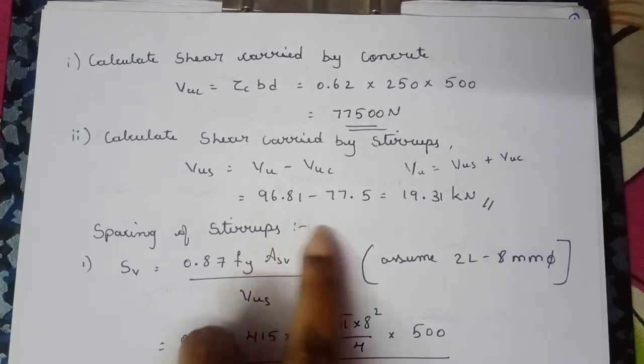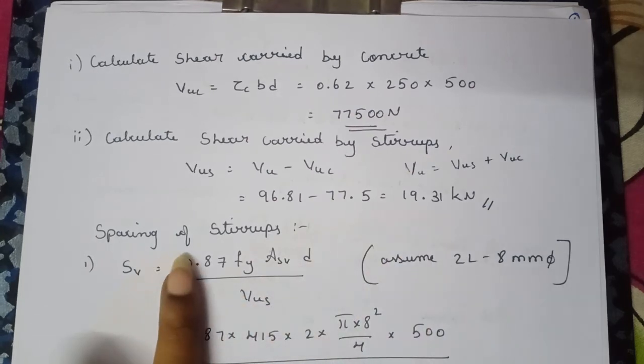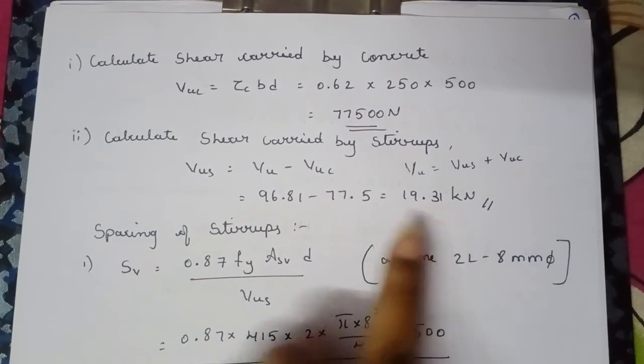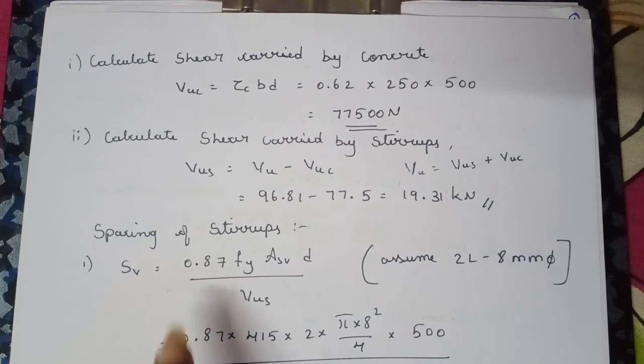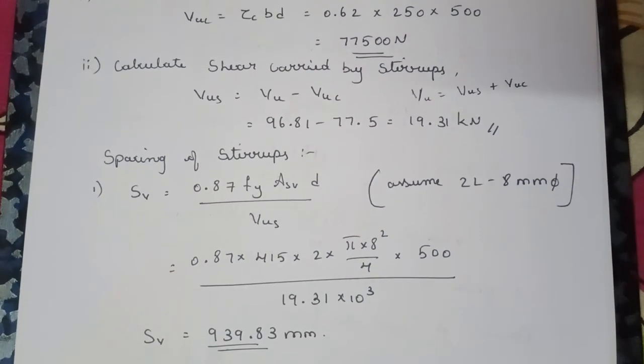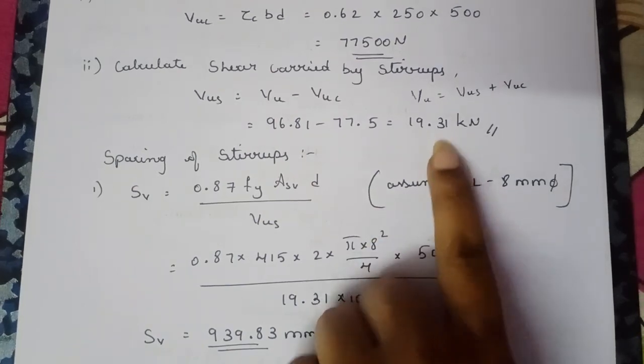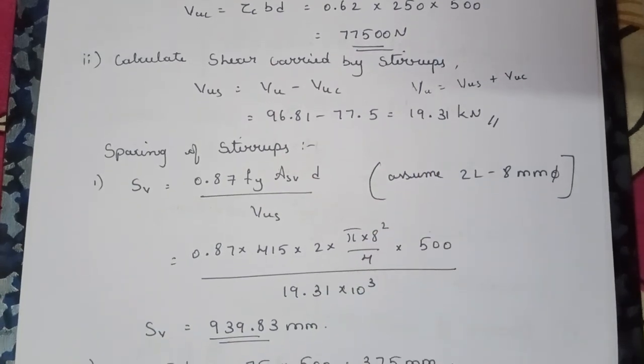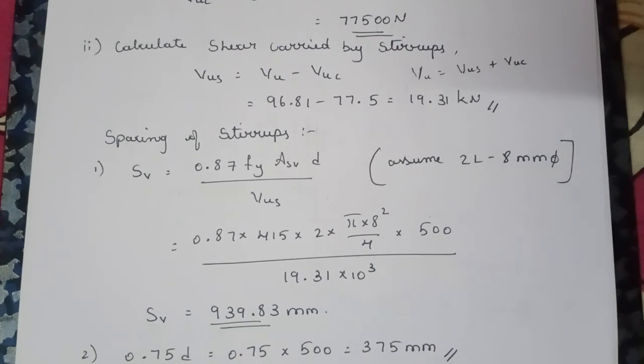Next we know the forces now. Now we will have to calculate the stirrups, the spacing of it. Here we will have to assume it depending on the force. So 2 legs of 8 mm diameter will be okay because the force is very less.